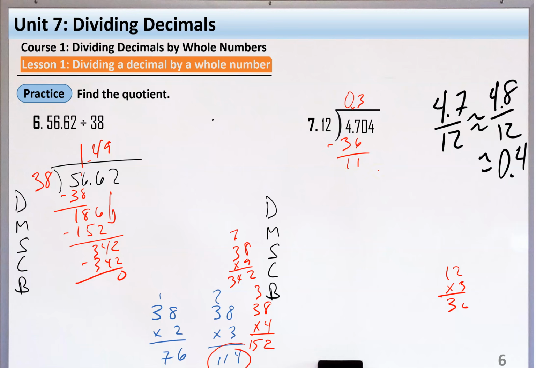Subtract, 11. That checks, so we can bring down. And I believe 12 times 9 is 108. And that leaves us with 2, 24.